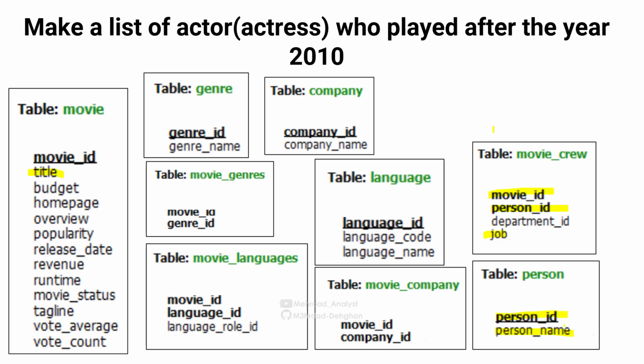So for doing this, I just need to add some other data from release date, because it is about the year 2010. Now we can answer the question in SQL.